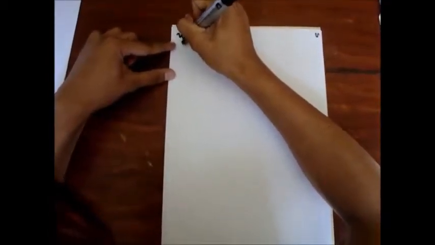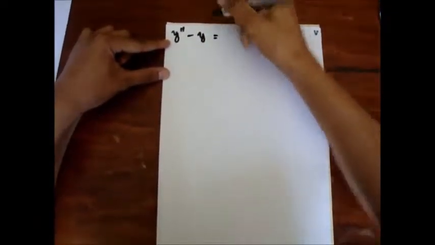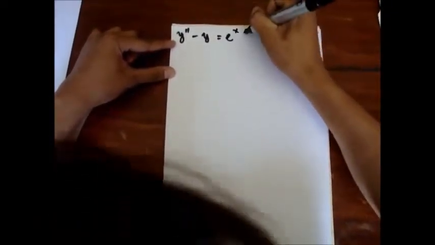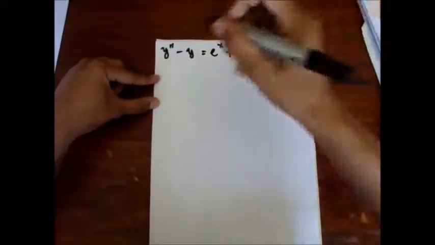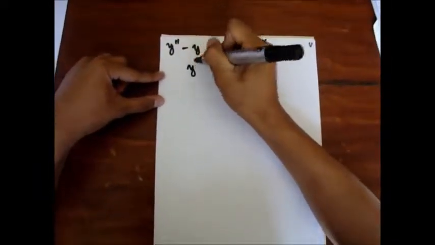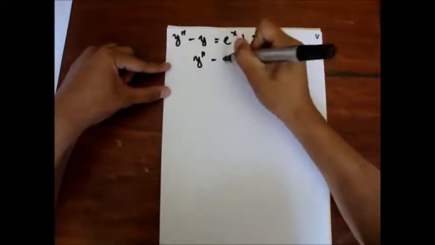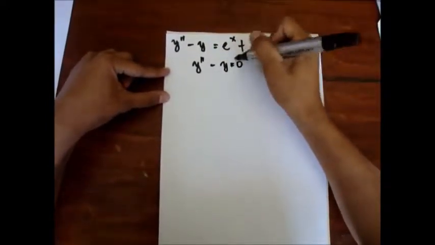We are asked to find the general solution of this differential equation: y double prime minus y equals e raised to x plus 2e raised to 2x. So first, we will equate it to 0, y double prime minus y equals 0.